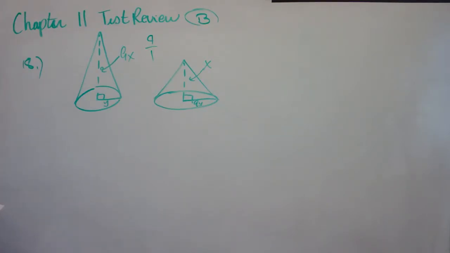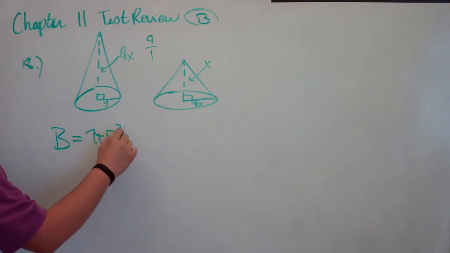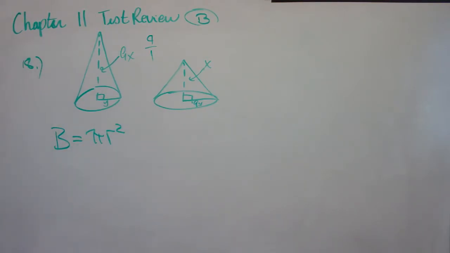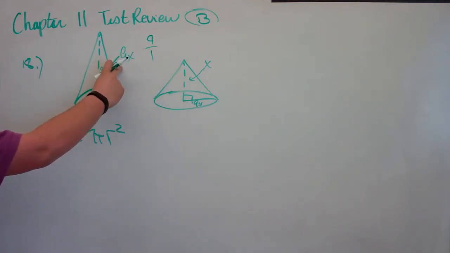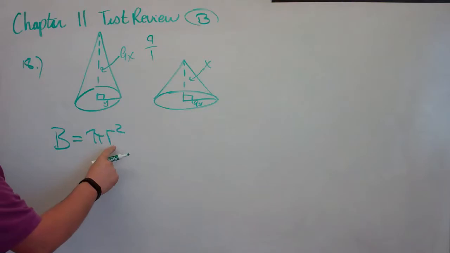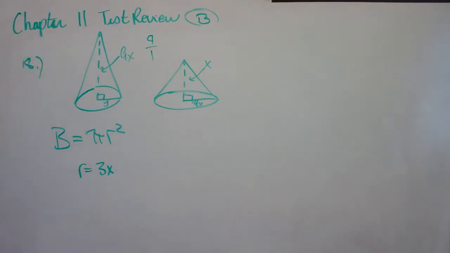So, what the error is made is your friend did not consider that base equals pi r squared. Okay, it's radius squared. So, in order for these to have the same volume, but this has a 9 times greater height, your radius only has to be 3 times larger on the smaller cone.